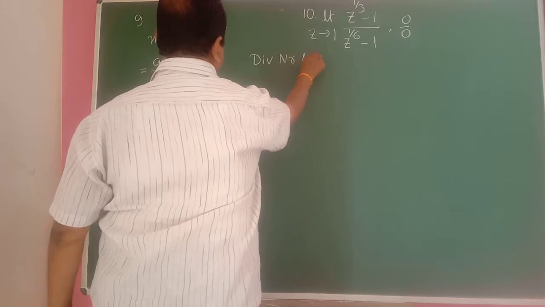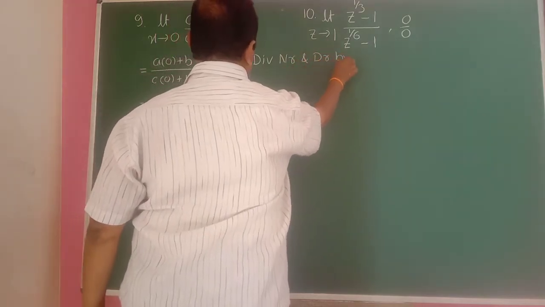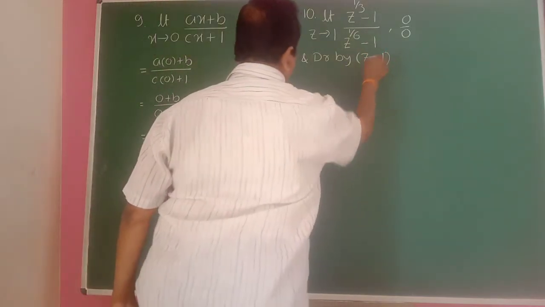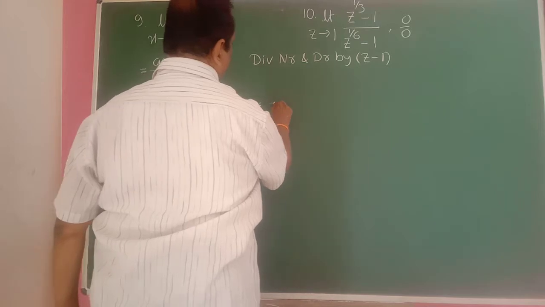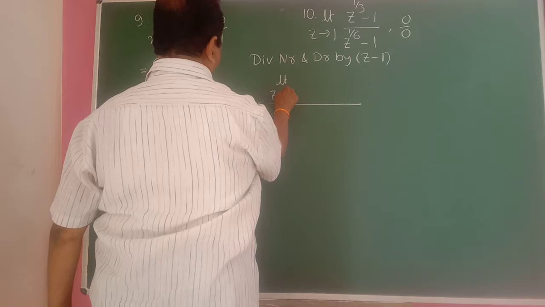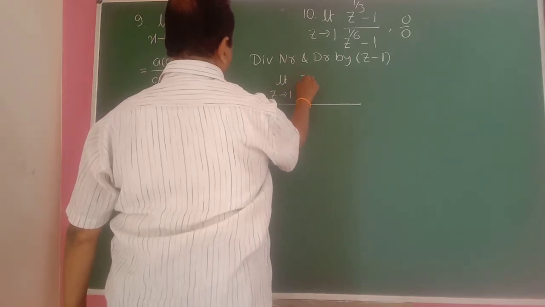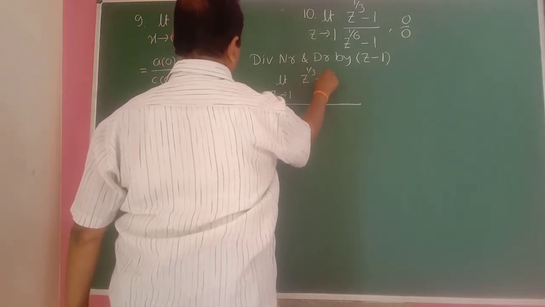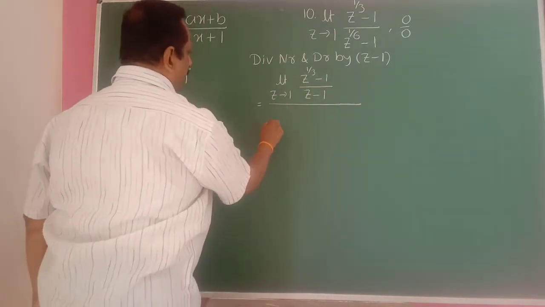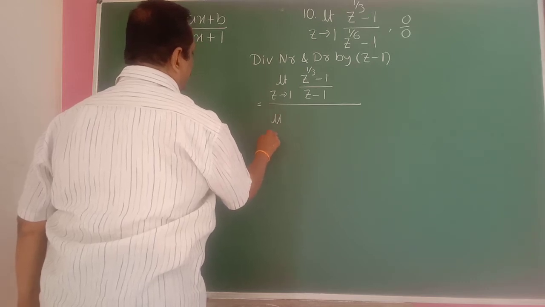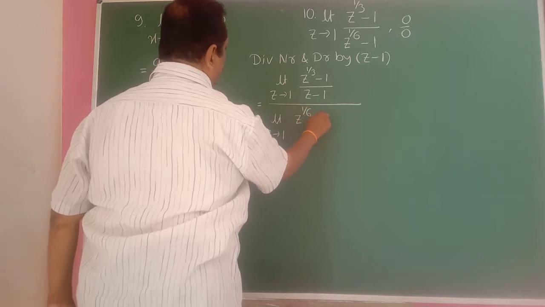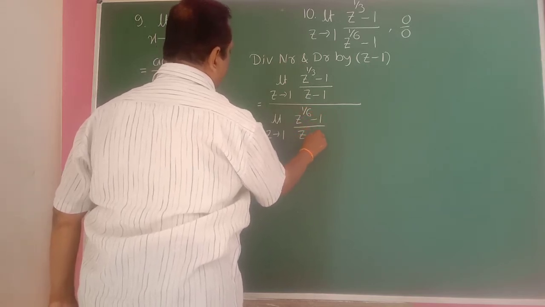Therefore, this is equal to, you can write, limit of z tending to 1, z raised to 1 upon 3 minus 1 divided by z minus 1, over limit of z tending to 1, z raised to 1 by 6 minus 1 divided by z minus 1.